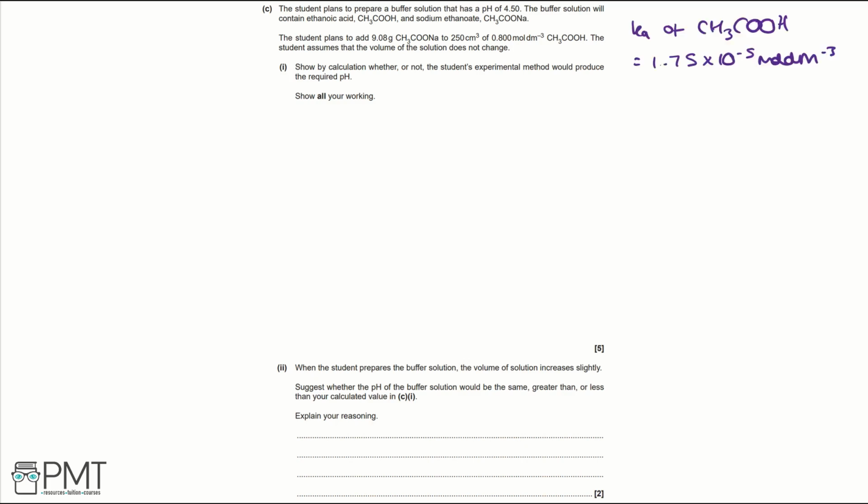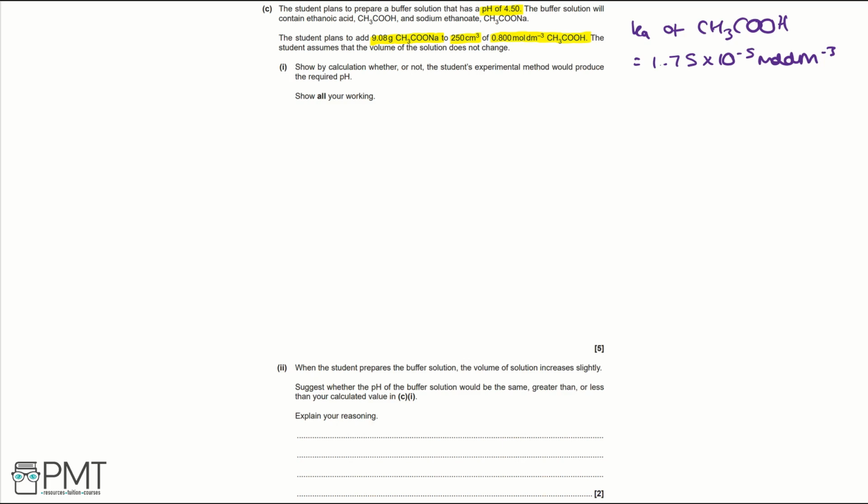Show all your working. If I highlight the key pieces of information we need to pay attention to, they would be that the pH we are trying to make is 4.50. We're using 9.08 grams of CH3COONa, and it's 250 centimeters cubed of 0.8 moles per decimeter cubed CH3COOH.